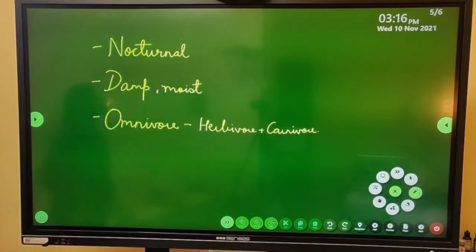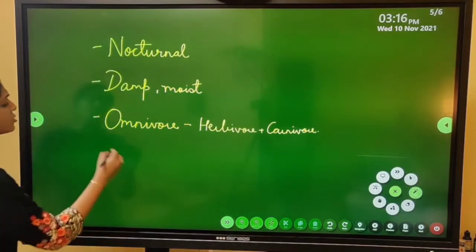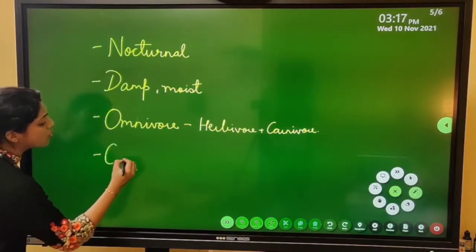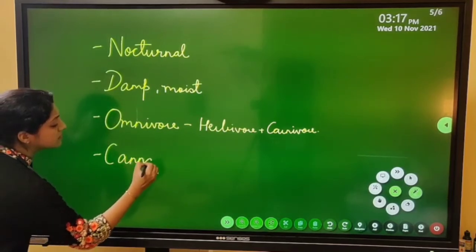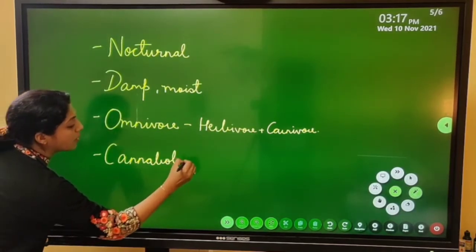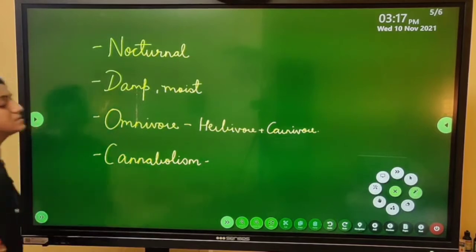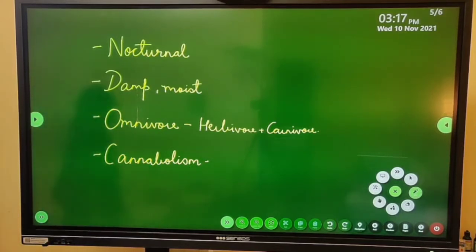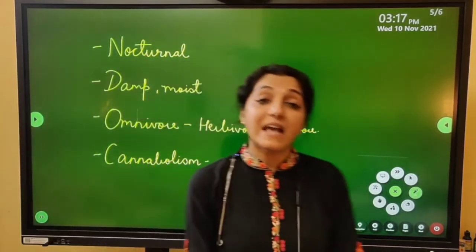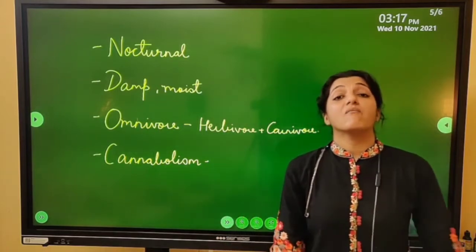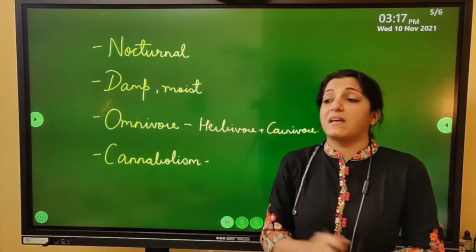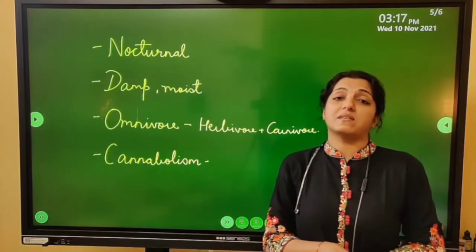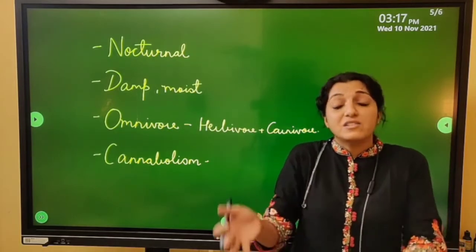With eating, there is one more characteristic feature of cockroach, that it shows cannibalism. Now, what is this cannibalism? Cannibalism means in times of emergency, वो खुद के बच्चों को भी खा सकता है, खुद की दूसरी स्पीशीज को भी खा सकता है. It can eat its young ones.